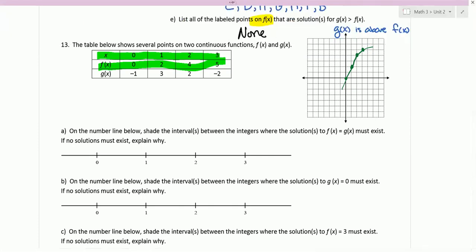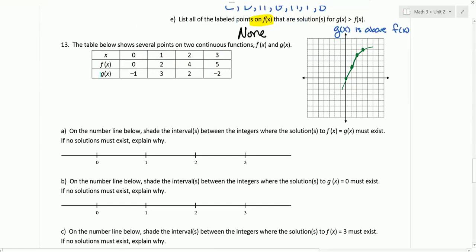Then in blue, I'm going to erase the highlighted here, and I'm going to highlight what I'm going to use to graph g of x. So those are the y values for g of x, and the top row are the shared x values. Okay. So the first point I'll plot in blue is 0, negative 1, and then 1, 3, and then 2, 2, and then 3, negative 2.